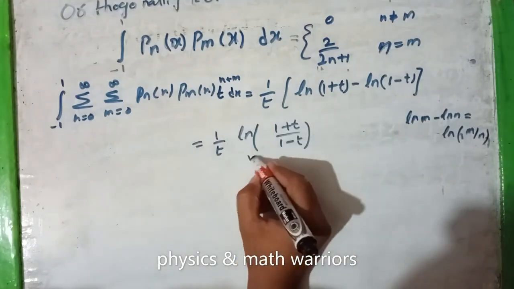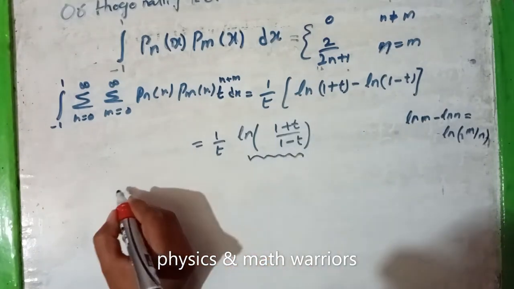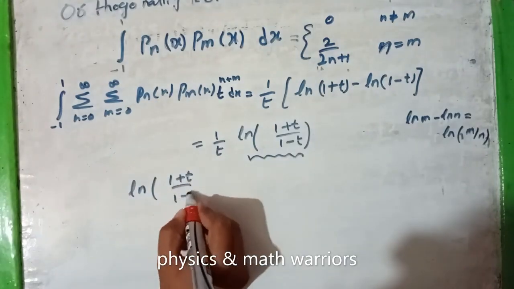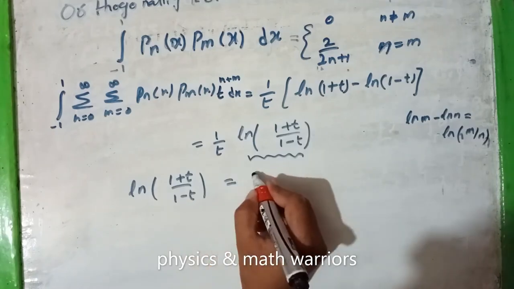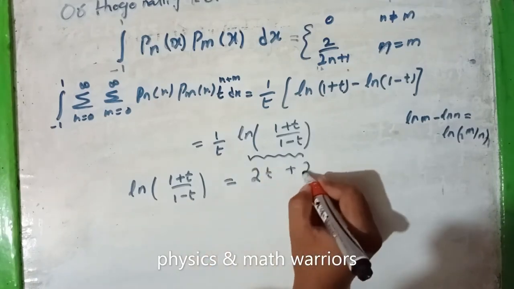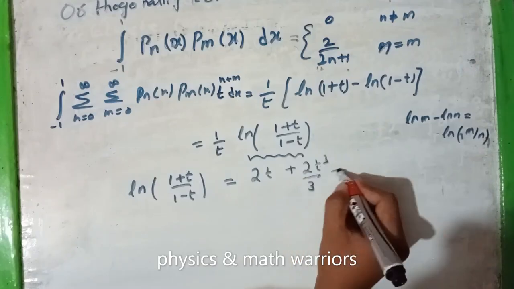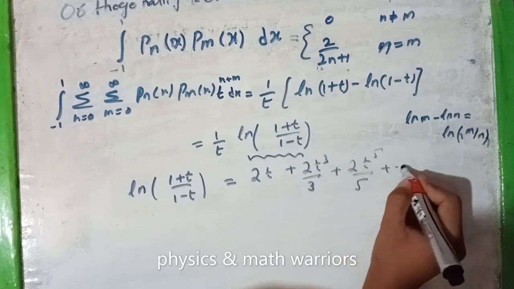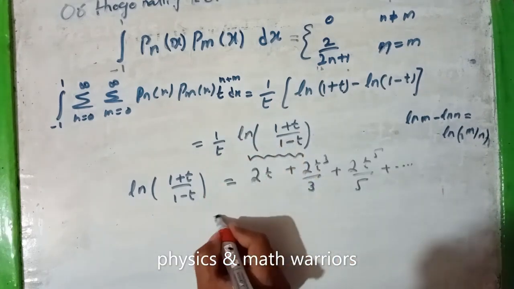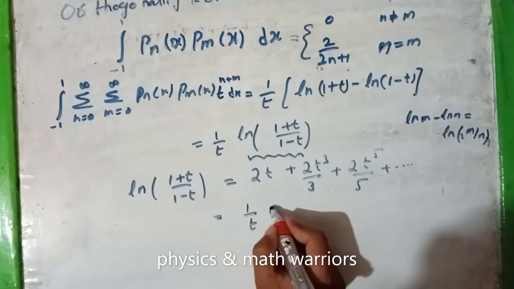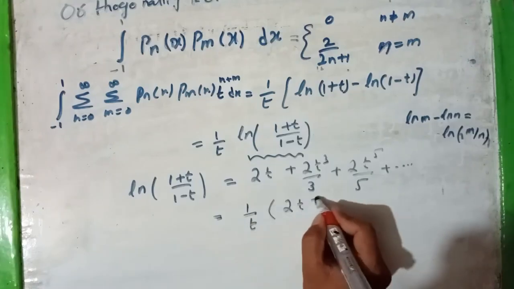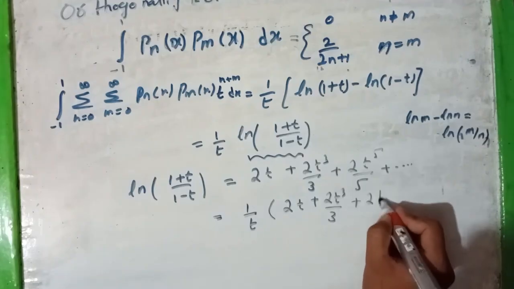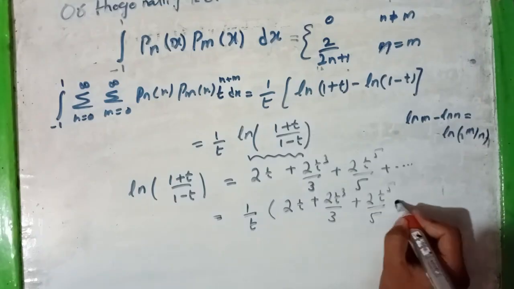Now we will use Maclaurin series of this term, and Maclaurin series of ln (1 plus t) over (1 minus t) is equal to 2t plus 2t cube over 3 plus 2t raised to power 5 over 5 plus so on. So this term becomes 1 over t multiplied by 2t plus 2t cube over 3 plus 2t raised to power 5 over 5 plus so on.